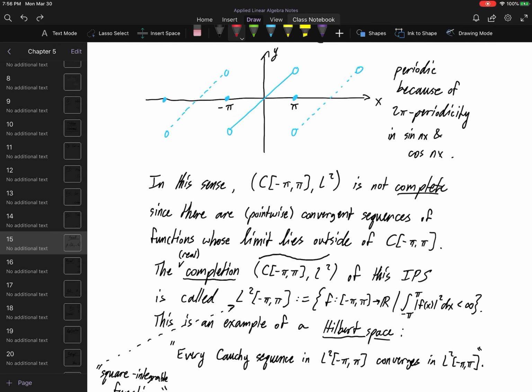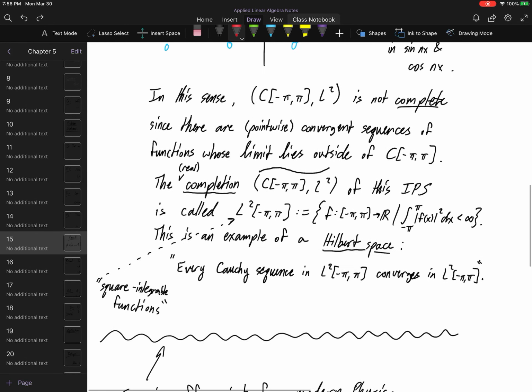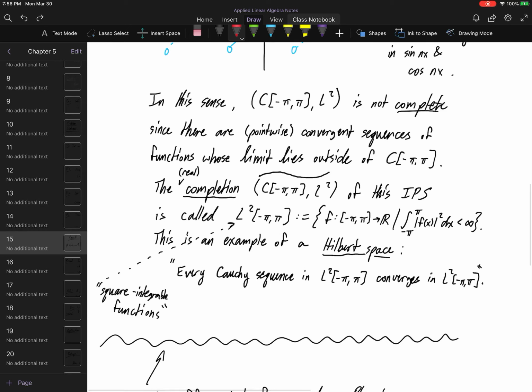This is because the continuous functions with the L2 inner product is not a complete inner product space, in the sense that not all sequences whose elements get arbitrarily close to each other necessarily have limits that live in this space.